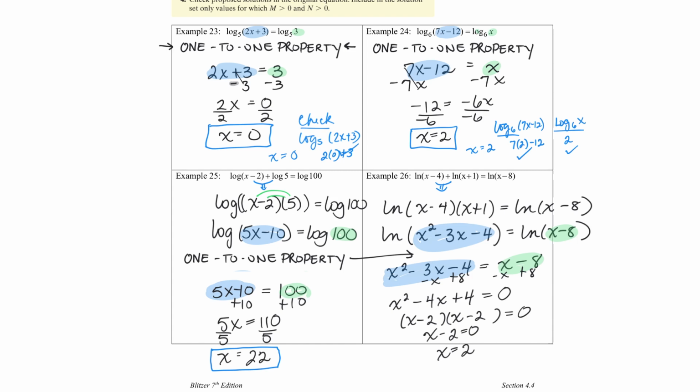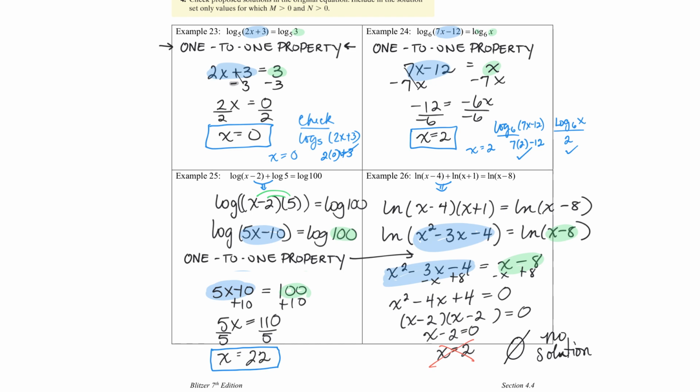And so that tells me that this solution is extraneous, and if it was the only proposed solution, that tells me that there is no solution. The solution is the empty set. There is no solution to this particular logarithmic equation.